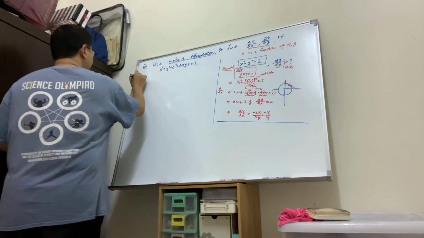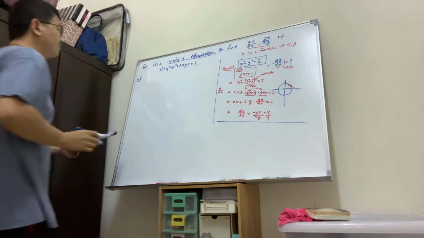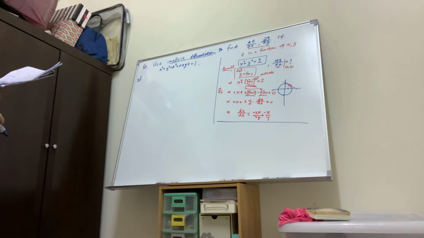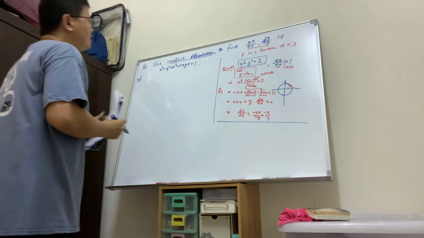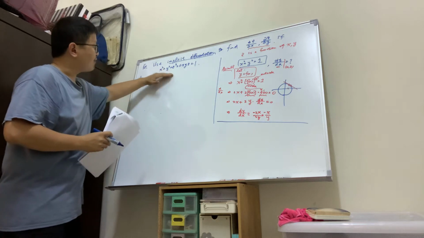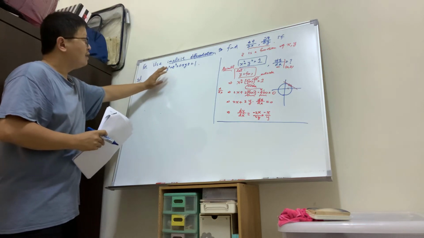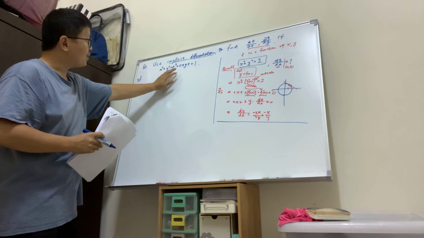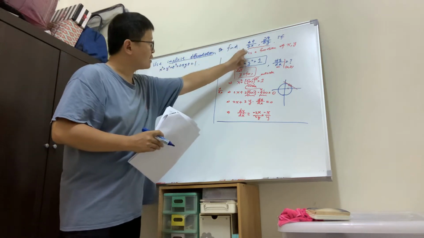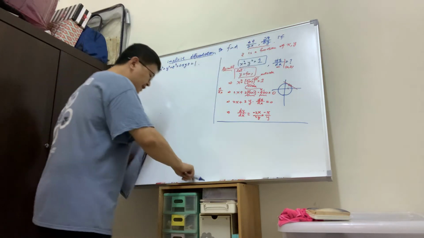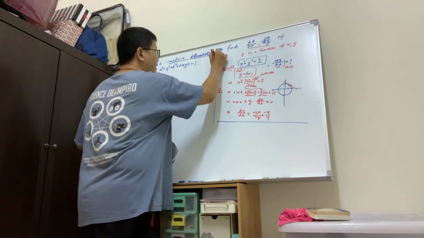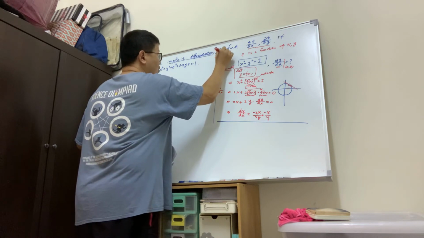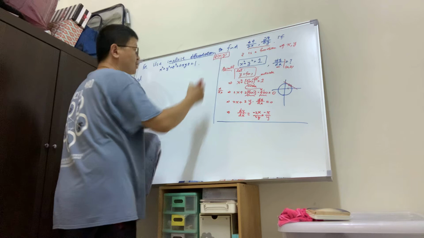Now we come to our current problem. Now x, y, g satisfy this equation, and we want to find partial g partial x and partial g partial y. It means we view g as a function of x, y, a function containing two variables.